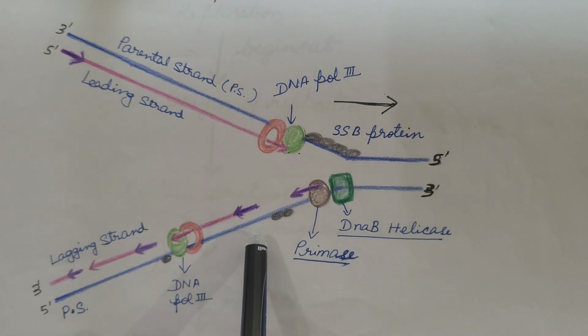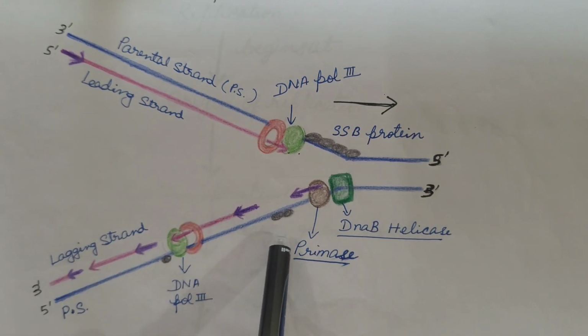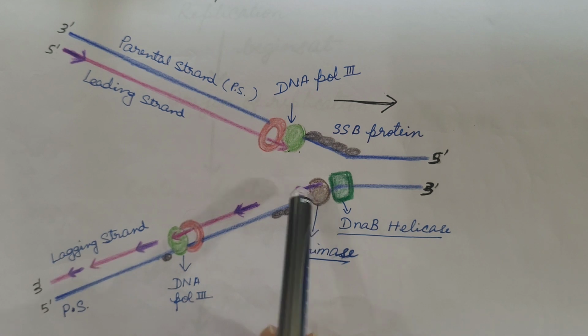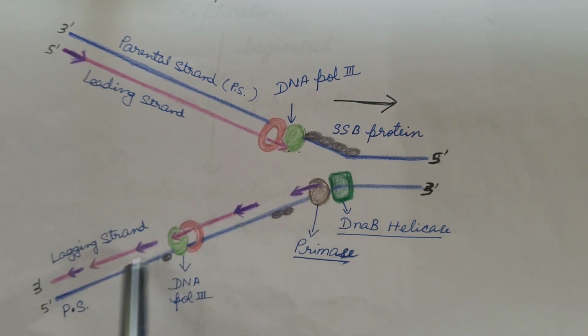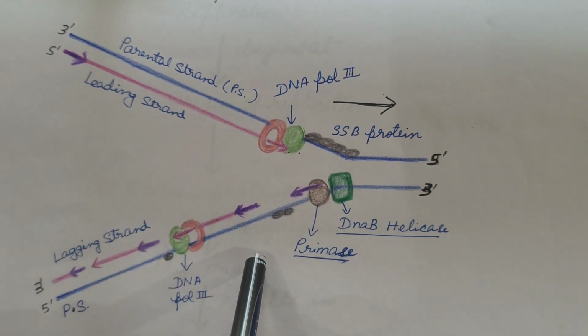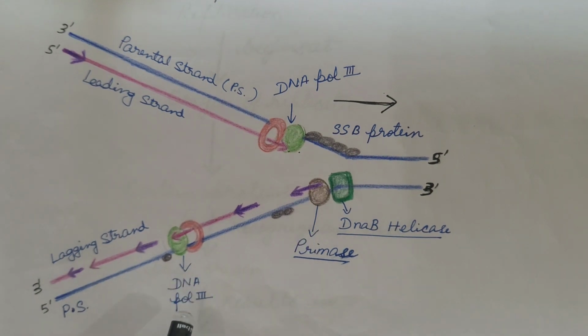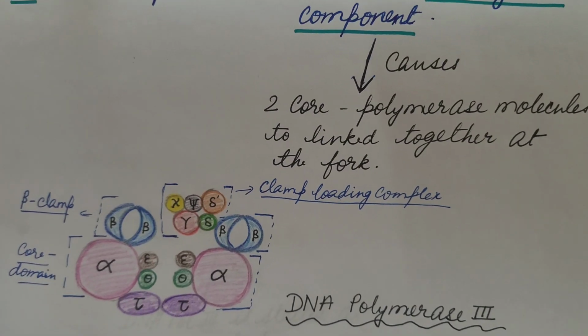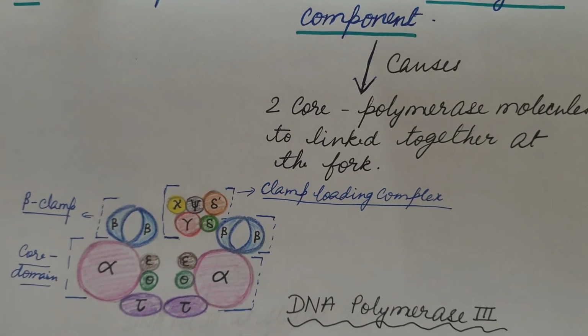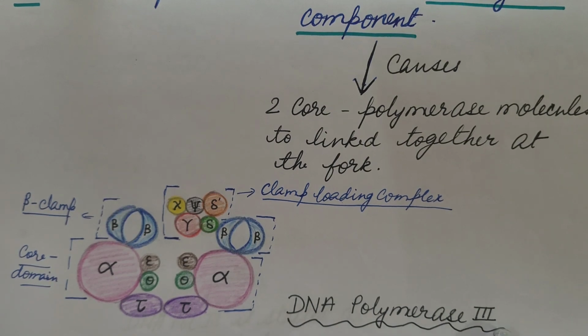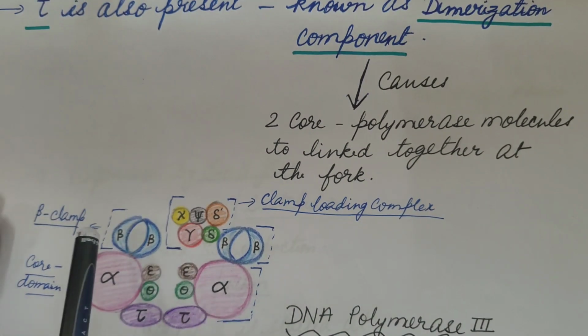So how is it possible, as it is not practical to synthesize two strands in opposite directions by the same enzyme simultaneously?